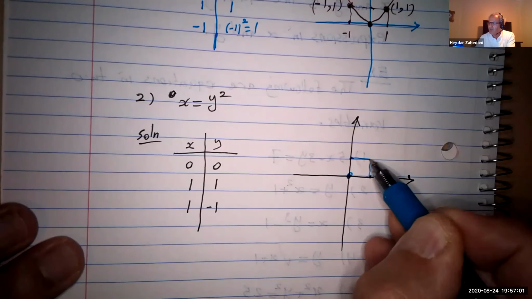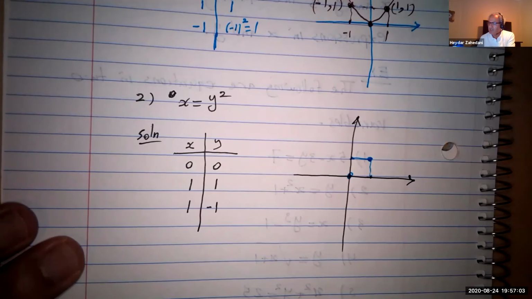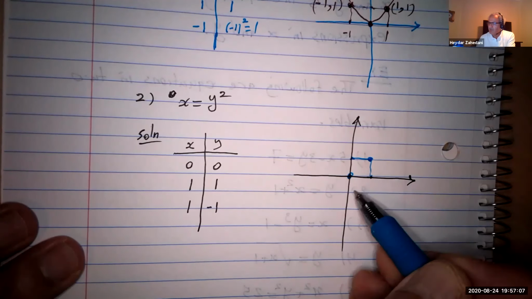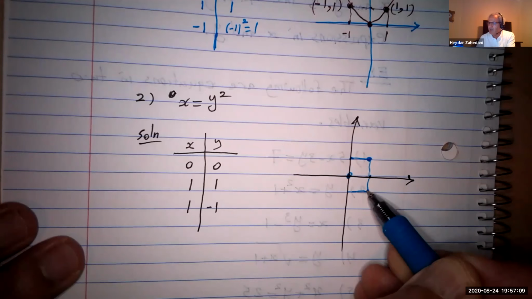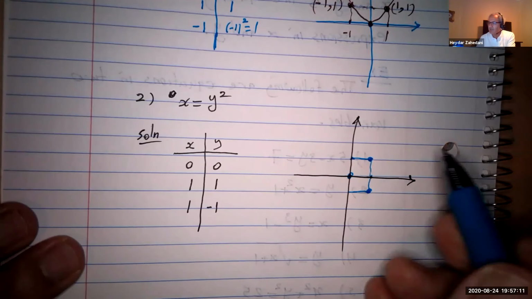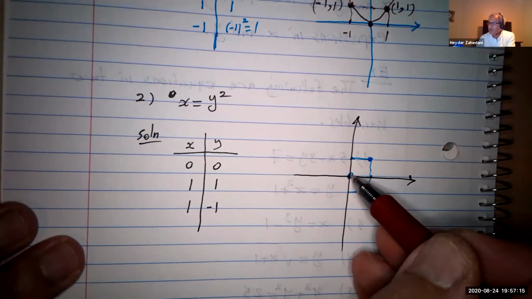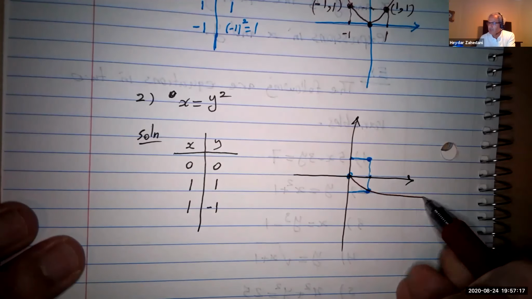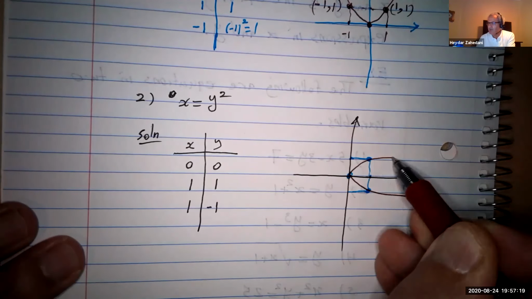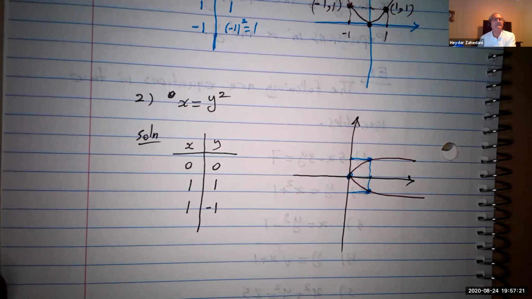So this is (1, 1), one point. Then you have a 1 and negative 1. This is going to be (1, -1). So these are going to be the points of your function, oh sorry, equation for the time being. We connect them together and that will give us the graph of the function.